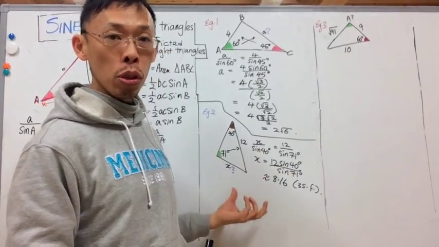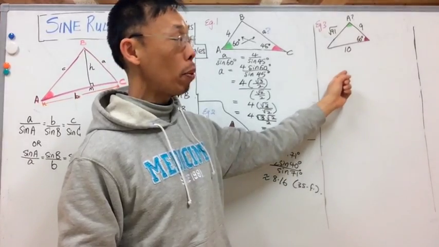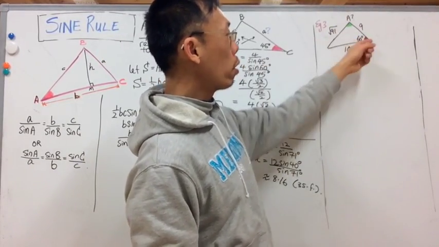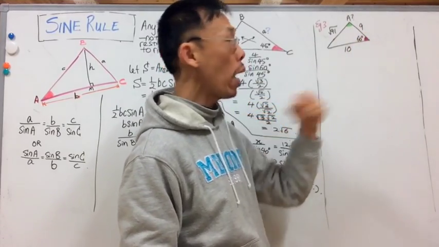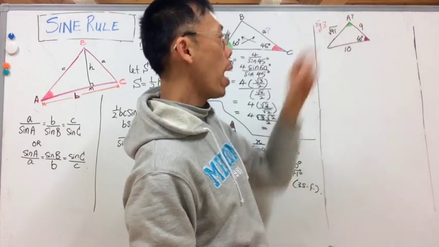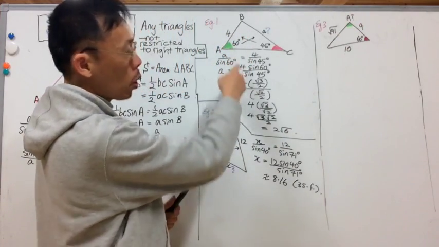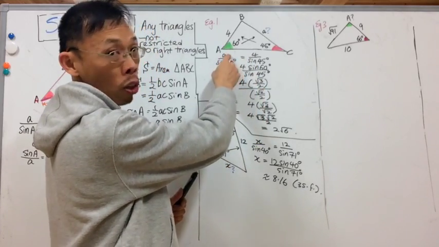We can also use the sine rule to figure out an unknown angle. Let's go to example number 3 here. We have a triangle with 3 known sides. One of the angles is known, and we want to figure out what angle A is. When I was looking for an unknown length, I always put the length on top.